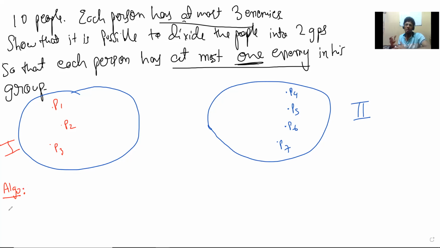Anyone, just go. Don't wait for the others. Initially for this problem, we suggested an algorithm, which we think will work, but we have not proved it. So what was the technique for us to get to the place where everybody has at most one enemy in their group?